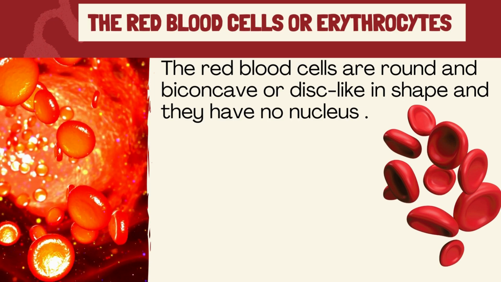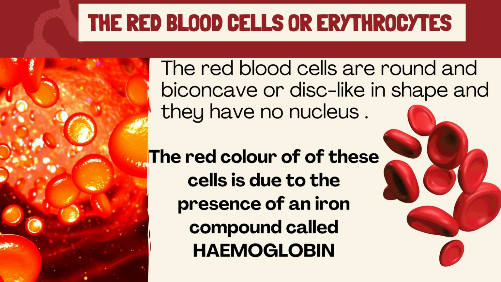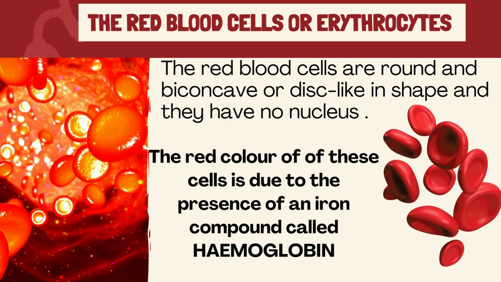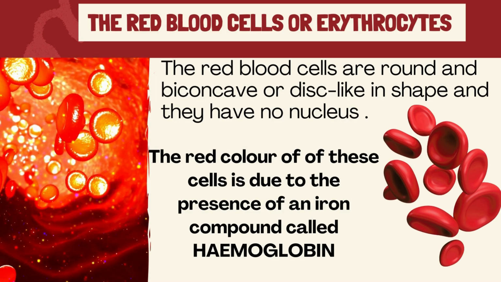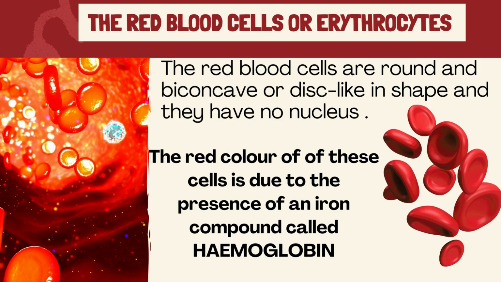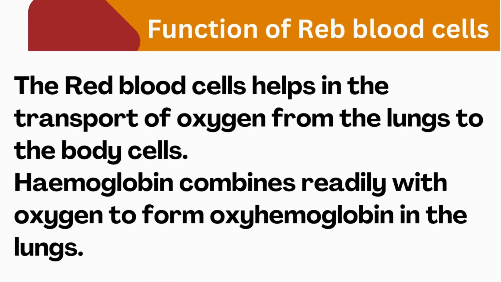The normal lifespan of a red blood cell is about 120 days, that is 4 months, before they are destroyed by the liver. The red blood cells are mainly produced by the bone marrow, and the red color of the cell is due to the presence of an iron compound called hemoglobin.